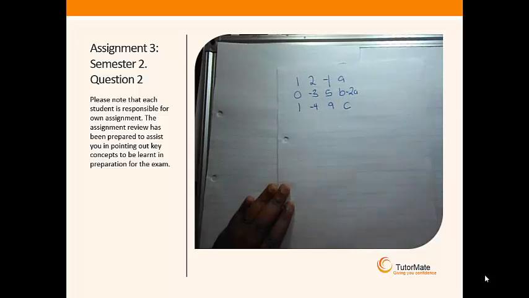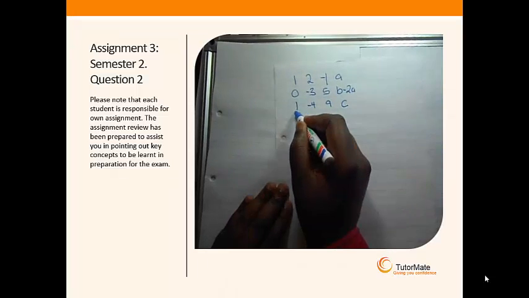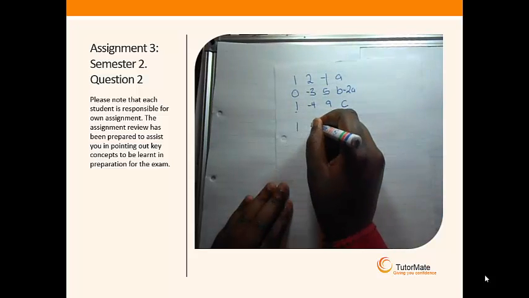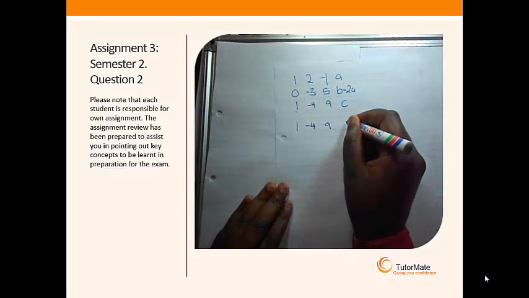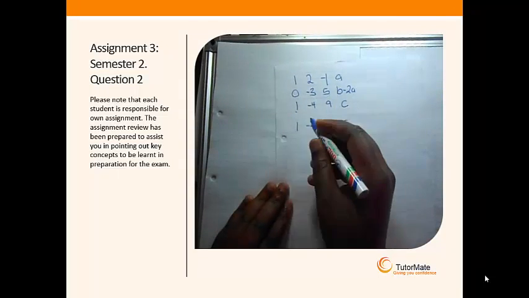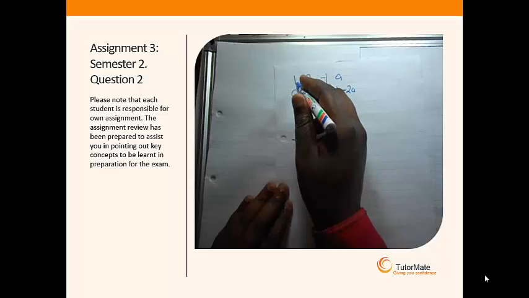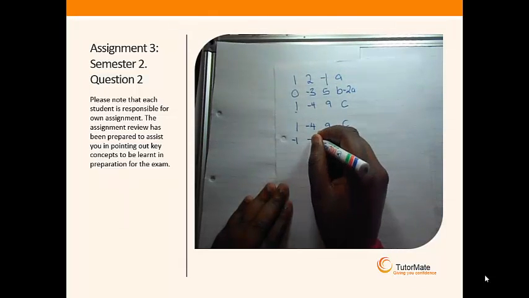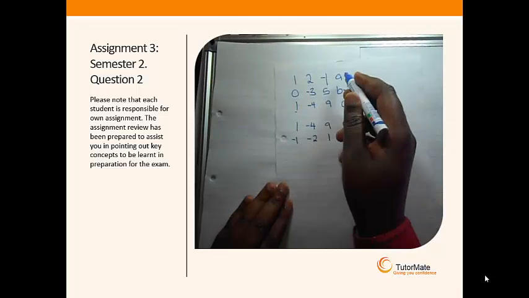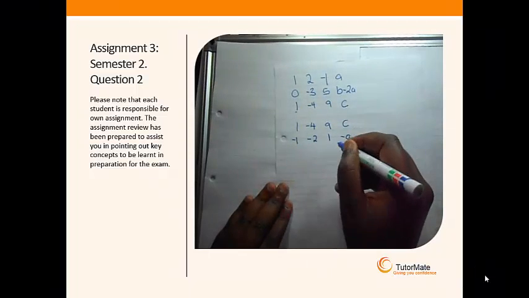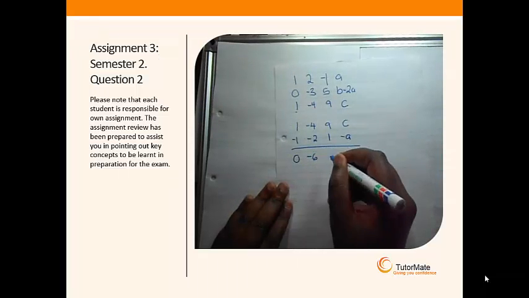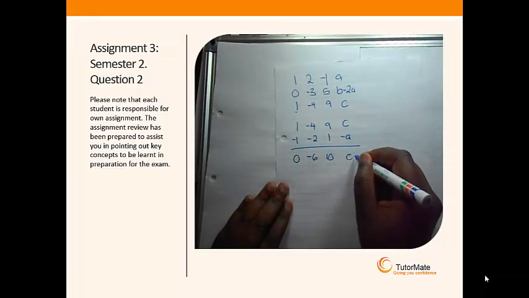Then we want to turn this into a 0. So we take the third equation, 1, minus 4, 9, c, and add it to minus 1 times the first row, which is minus 1, minus 2, 1, minus a. Then if you add them, you're going to get 0, minus 6, 10, c minus a.